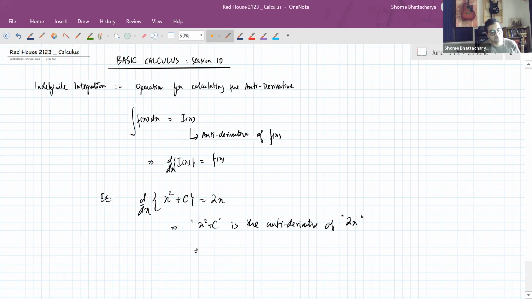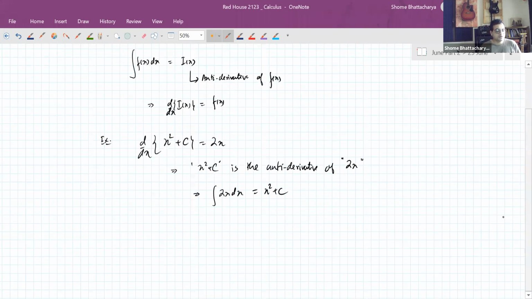This means that if we integrate the quantity 2x, we will get the value x square plus c. So this is the simple meaning and interpretation of the term indefinite integration. This symbol means indefinite integration as an operation. On performing that operation, what we get as the output is the antiderivative. So it is the reverse process of differentiation.